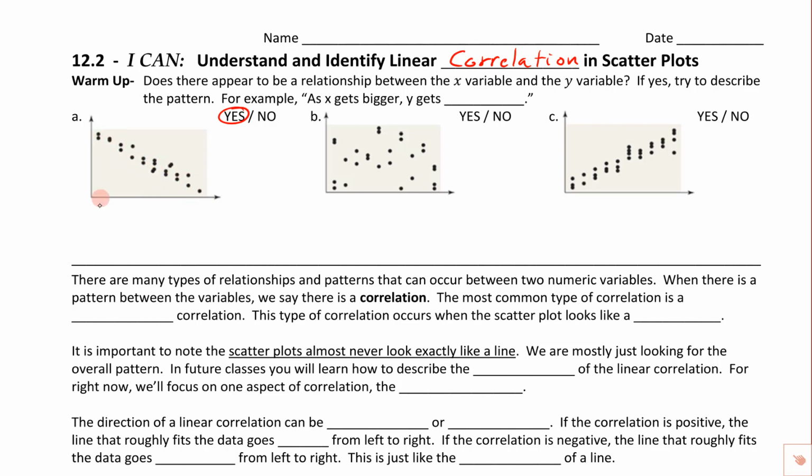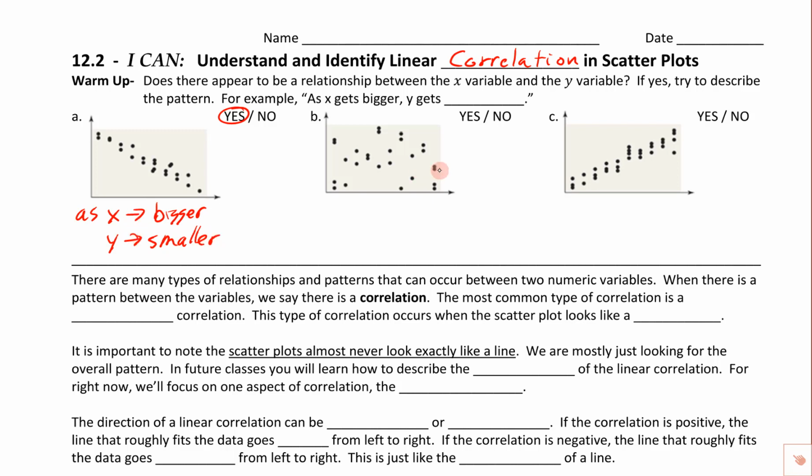For example, if we started off here with a small x, we have a relatively big y. And then as we get a bigger x, the y's get smaller and smaller. So I'm just going to draw an arrow and say as x gets bigger, y gets smaller. That's just a quick way to do that, indicating with the arrow what's happening with the growth.